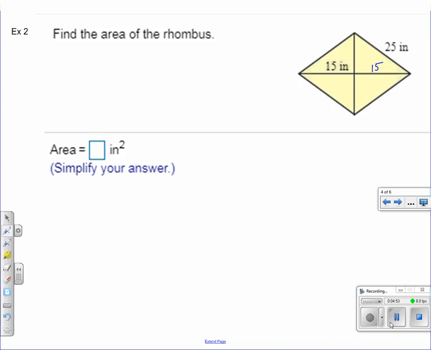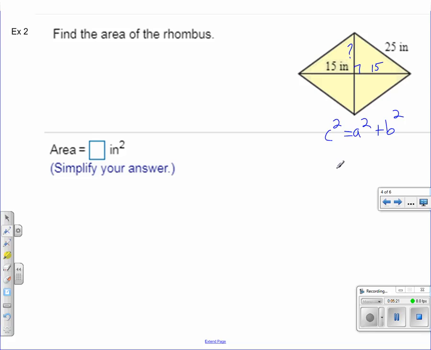What we need to do is fall back on right triangle stuff. And in this triangle, what's my hypotenuse? 25, right? The side from the right angle, 25. So first I'm going to find what this length is with the question mark.